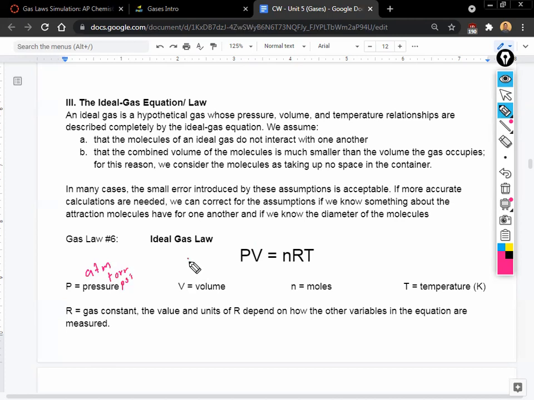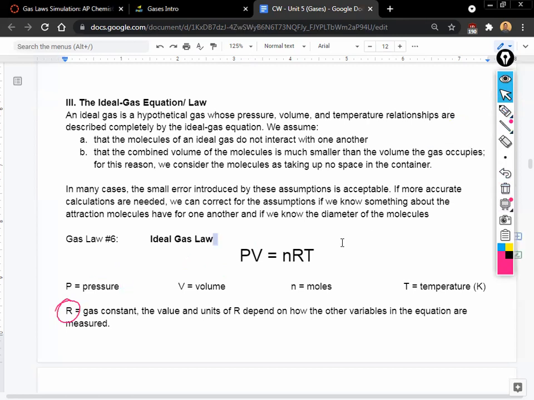Same thing with volume: milliliters, liters, centimeters cubed. Moles is always moles, and temperature always has to be Kelvin. But depending on how you measure pressure and volume, you might have to use a different number for R, the gas constant. So be careful about the variables.